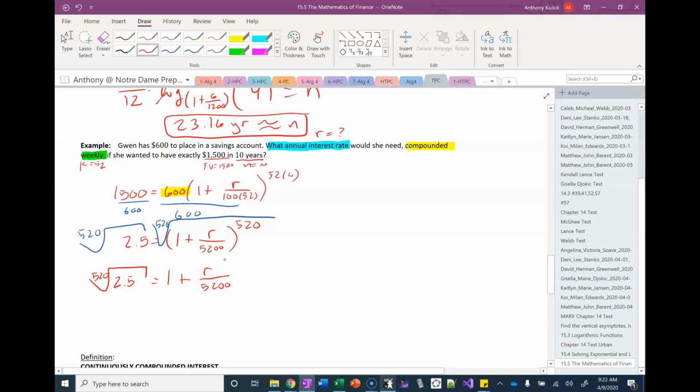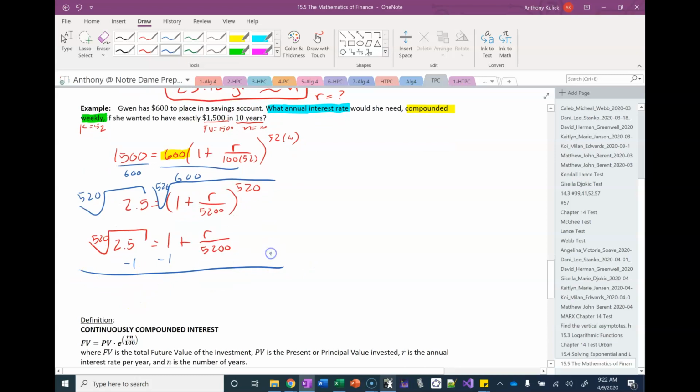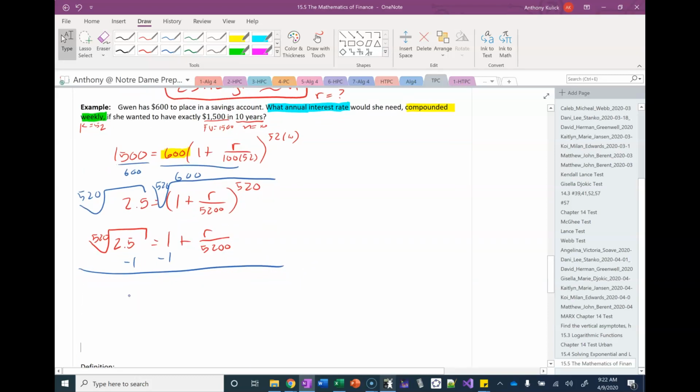So now I'm here. So to get the r by itself, still what I'm trying to do is subtract 1 from both sides. And notice that I can't subtract that 1 from the stuff inside the radical. So I'm just going to write it here.